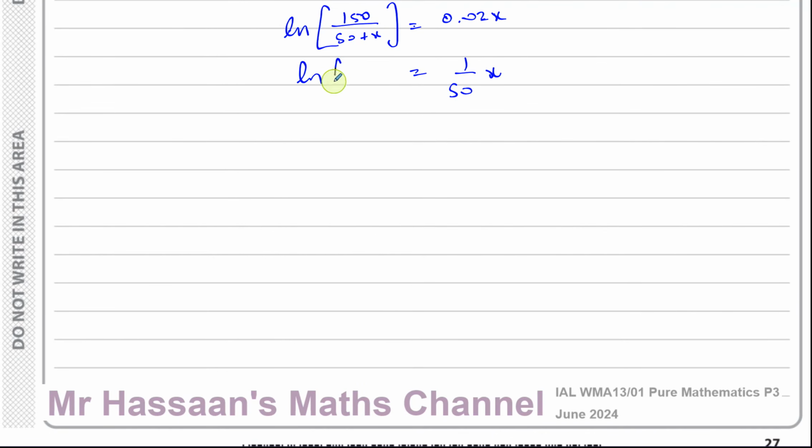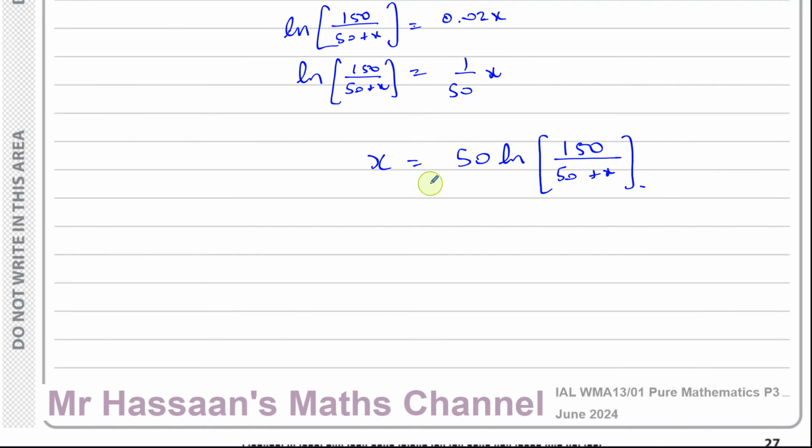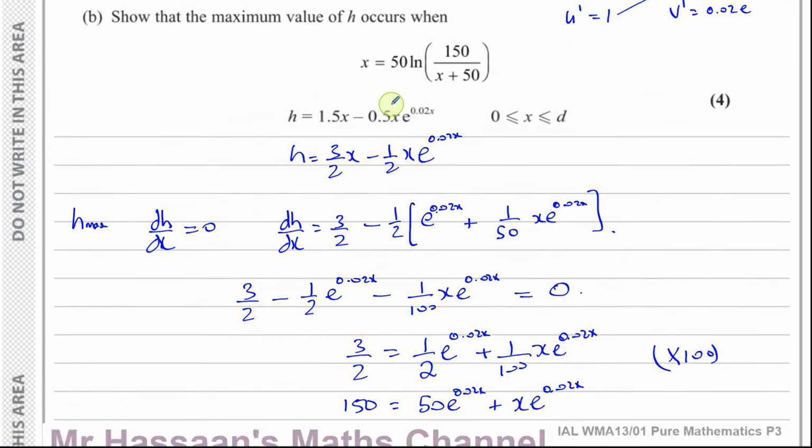And this side we have ln of 150 over 50 plus x. Multiplying both sides by 50, we end up with x equals 50 times the ln of 150 over 50 plus x. And there we have our answer as required.